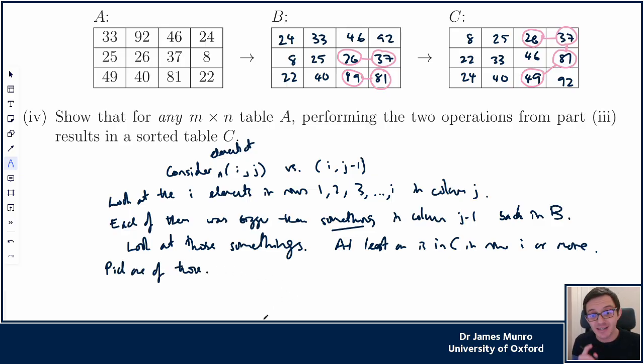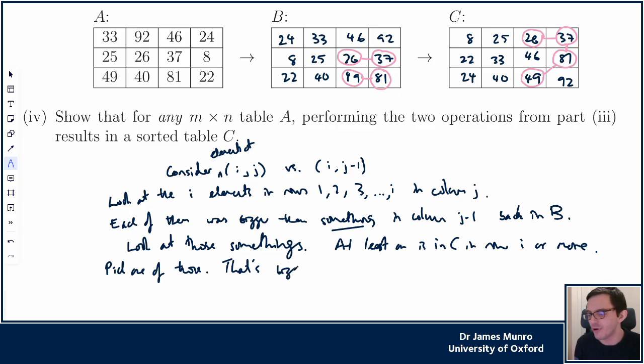Okay, so the item in IJ is bigger than or equal to one of the items in its column, which is bigger than a corresponding item from the J minus 1th column, which is then bigger than the thing to the left of our original cell.